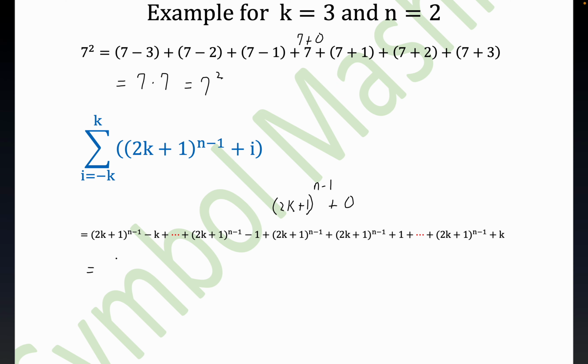You would actually get 2k plus 1 occurrences of the quantity 2k plus 1 raised to the n minus 1 power.